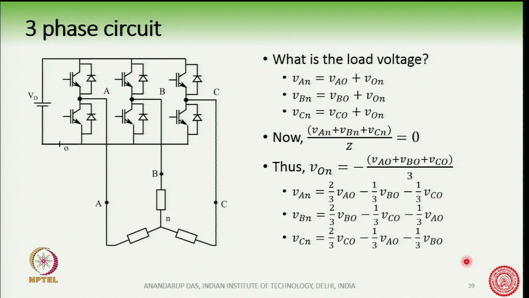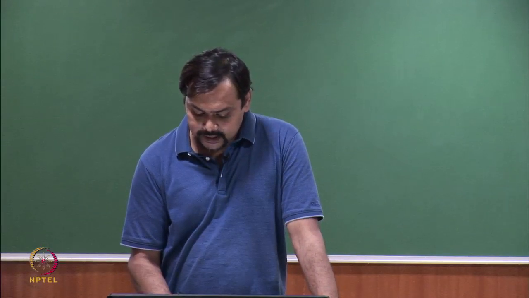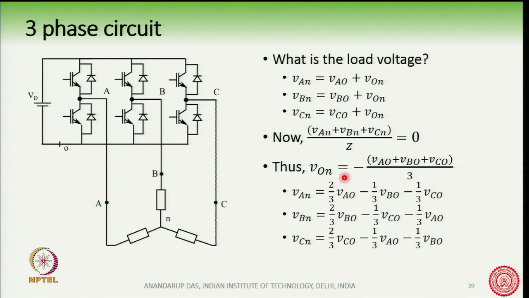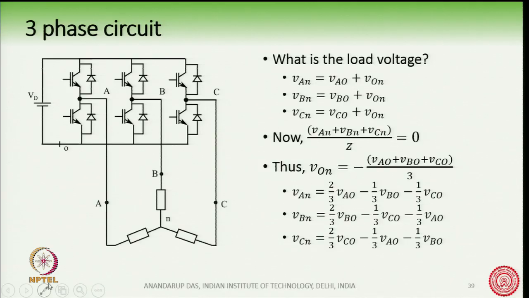Which means that the instantaneous phase voltage across the load is now expressed as the combination of 3 pole voltages. Again, in turn VAO can be 0 or VD, VBO can be 0 or VD, VCO can be 0 or VD.